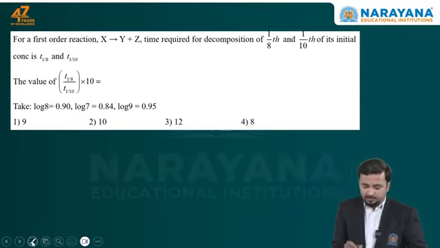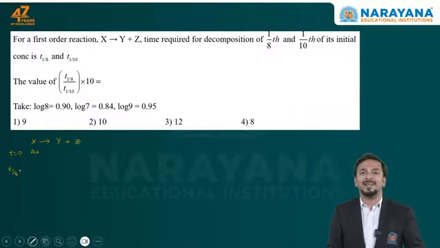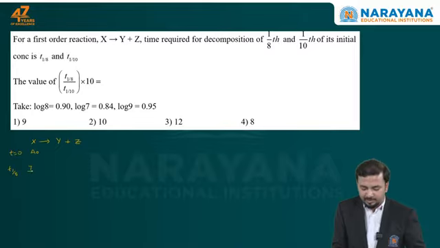So first of all, let's take a reaction which is given, X gives Y plus Z. Let's say at T is equal to 0, it is A naught. At T1 by 8, they are saying that 1/8 of the reactant is decomposed, so left reactant will be 7 by 8 times A naught.